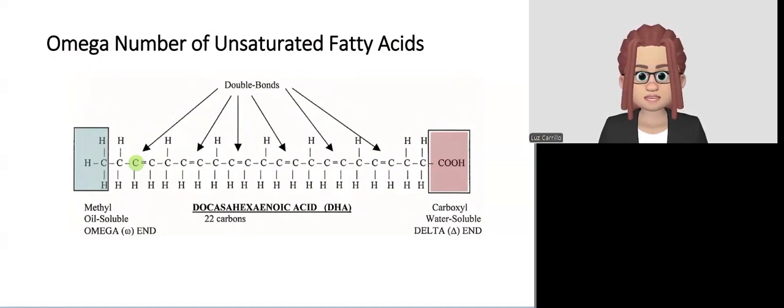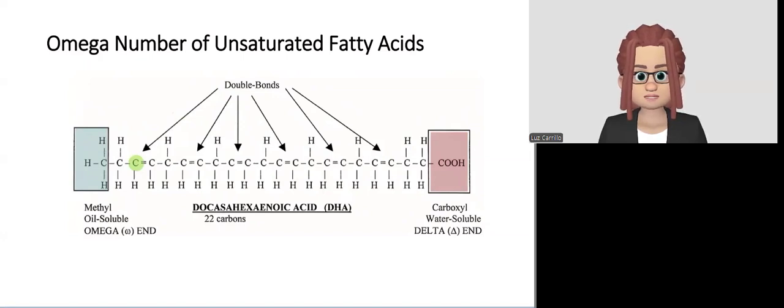So for example, here we have DHA, an important fatty acid in brain development in children. When we look at DHA and we're trying to determine the omega number for it, what we have to do is number the carbon atoms starting from the end that is away from the carboxyl group.